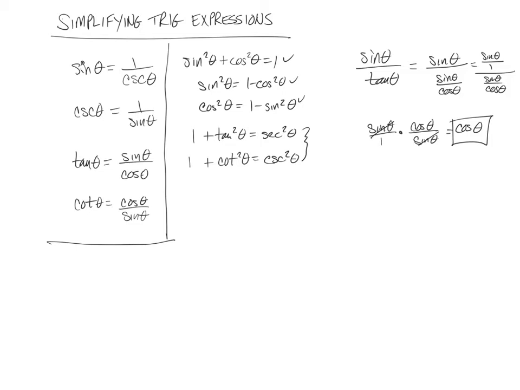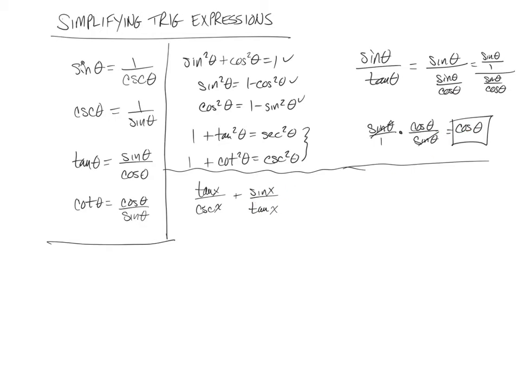Another example: let's say you had something like tangent over cosecant. So the tangent of an angle over its cosecant, I'm using x's instead of thetas now, and add that to the sine over the tangent. As we just saw in that last example, we have an expression for sine over tangent.